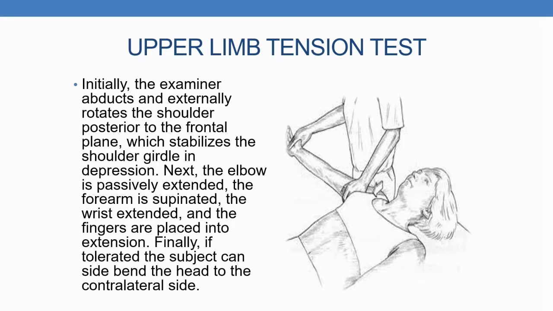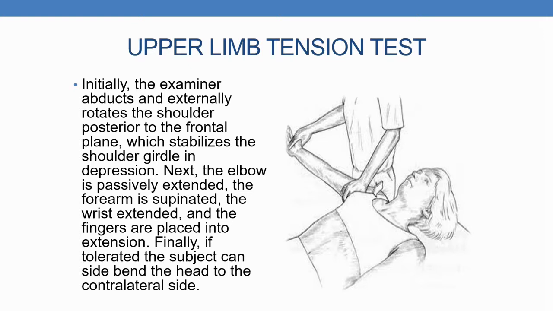Initially, the examiner will begin by abducting and externally rotating the shoulder slightly posterior to the frontal plane. To do this, you have your examinee scoot over to the long edge of the table, and then you take their upper extremity and abduct and externally rotate the shoulder slightly below the level of the table, slightly posterior to the frontal plane.